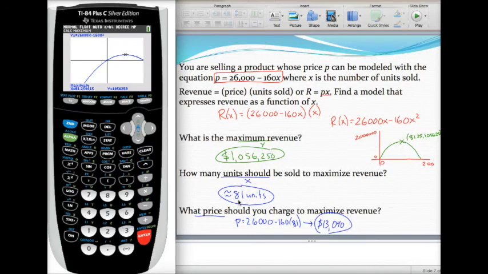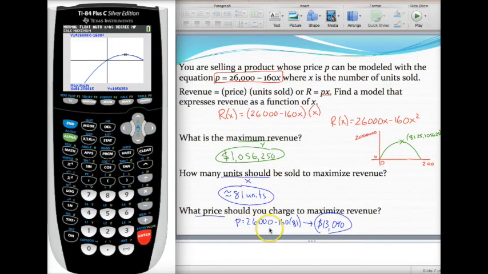The final question is a little bit interesting. It's different than we've done before. They ask us what price I should charge to maximize the revenue. Well, that answer is not going to be found in your calculator screen. Rather, what I need to do is go all the way back to the beginning where we're given this equation that talked about price. It said to find the price, do 26,000 minus 160 times the units you sell. Well, we just discovered 81 units is the number of units we should sell to maximize our revenue.